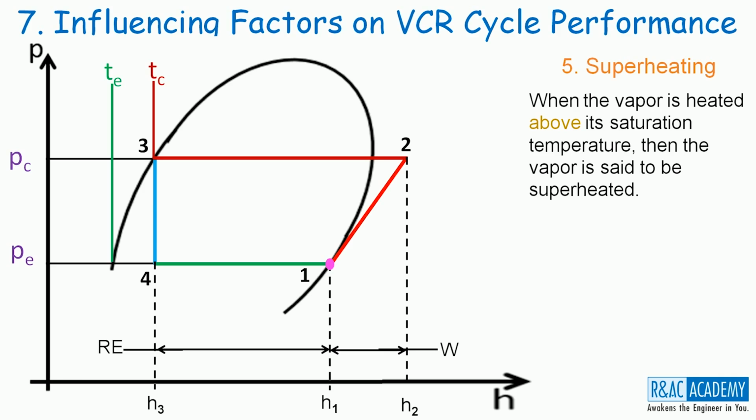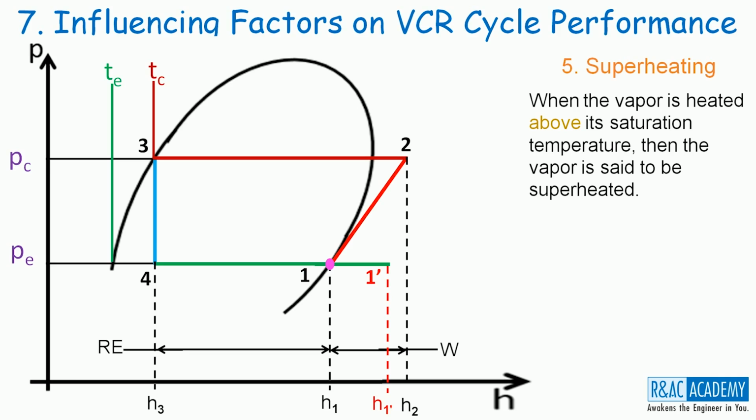And the temperature of the refrigerant at state point 1 would be TE. And whenever the saturated vapor refrigerant at state point 1 is heated above TE to, let us say, state point 1', then the refrigerant is said to be superheated. The enthalpy corresponding to state 1' be H1'.